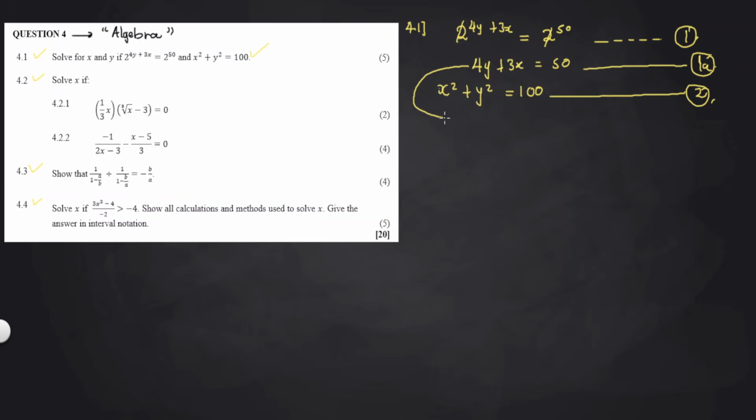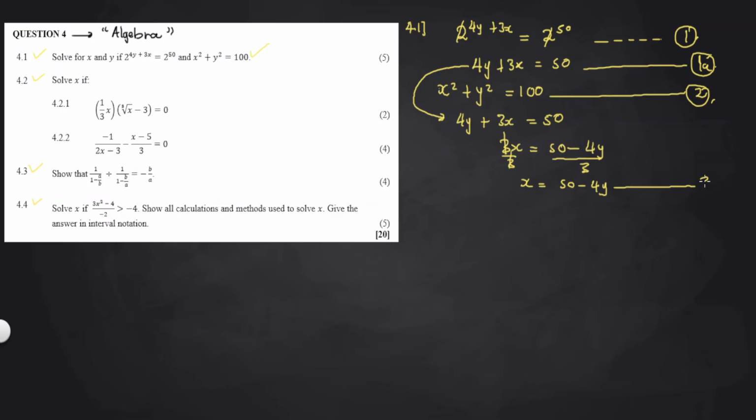We take 4y plus 3x equal to 50. Let's make x the subject of the formula. So we're going to have 50 minus 4y, divided by 3. So x is equal to 50 minus 4y over 3.